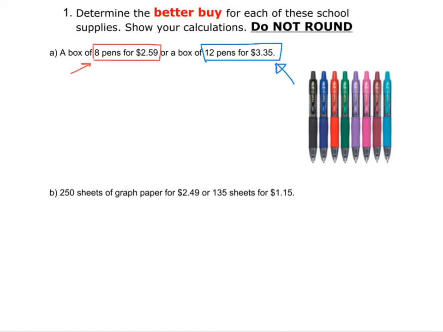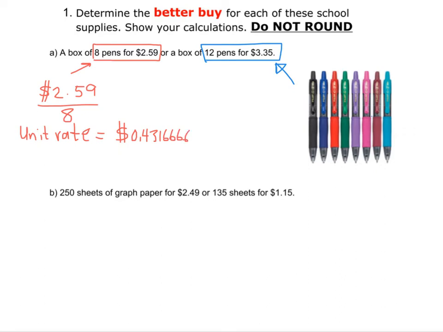Again, we have the total price for this box, which is $2.59, and we're going to divide it by 8 pens. And when we do that, we will get a unit rate of 0.4316, and this goes on forever.